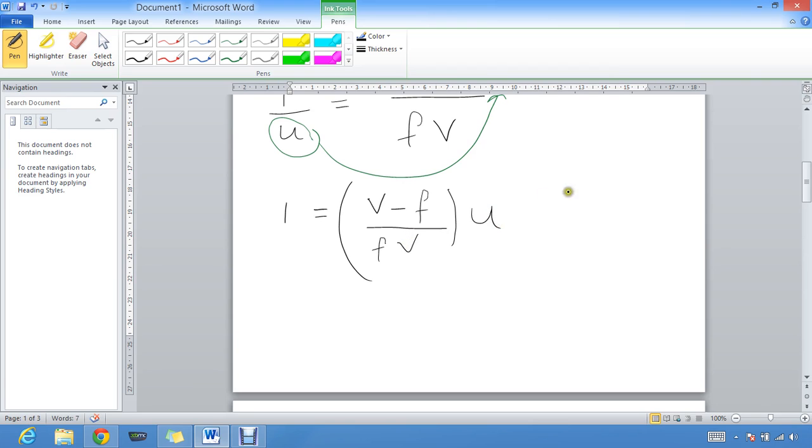Now remember, we need u by itself. Okay, you want to make u the subject of the formula. So now I can take all of this, because I'm multiplying here, take all of that and then divide it over here. So it'll be 1 over v minus f over f over v.